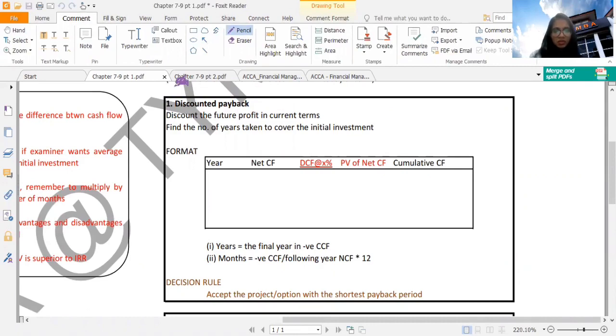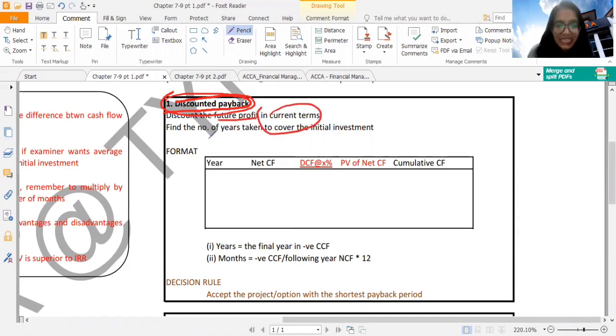I don't know why my pen is not working. Now what the discounted payback period calculates is a payback period. The only difference is that you discount the cash flows to bring it back to present value. So discount the future profits to current terms.